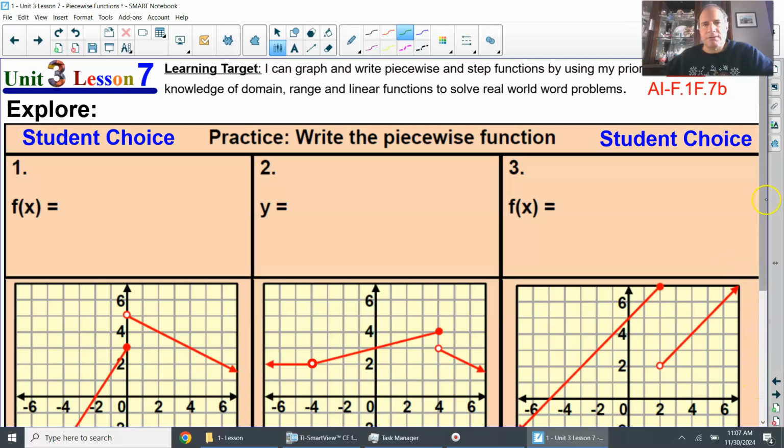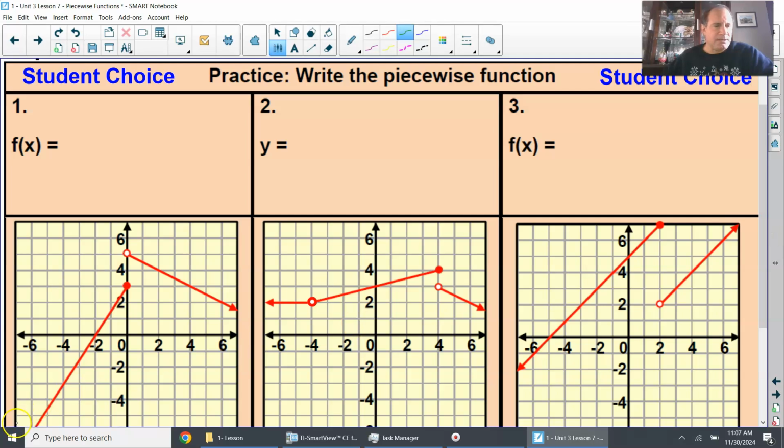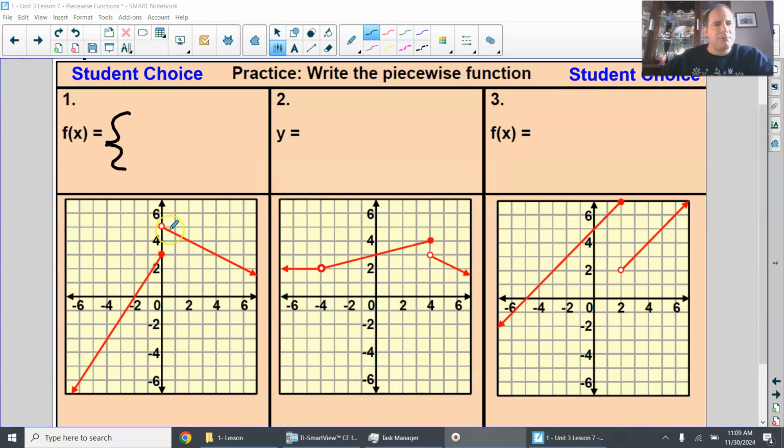All right, so this is more practice. We're going to practice writing each piecewise function. Okay, so we're going to start with this line right here, and it's a y-intercept of 3. So the y-intercept of 3, and then we're going to just try to figure out the slope.